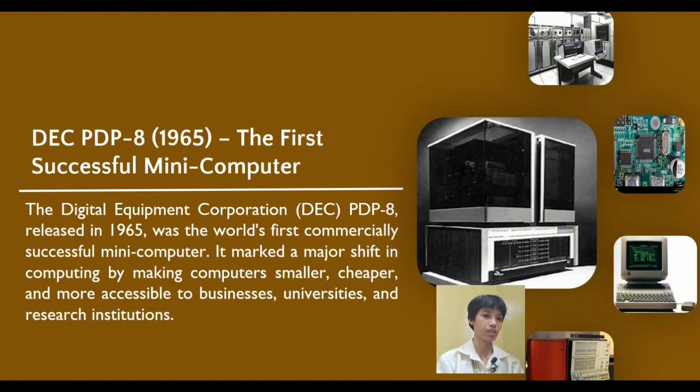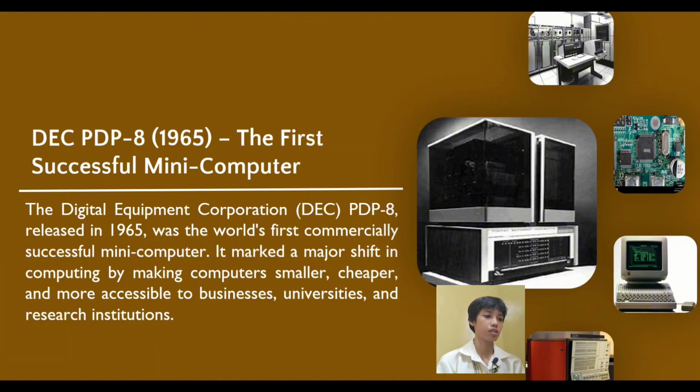The second one is the DEC PDP-8, developed in 1965 and was called the first successful mini computer. So it is already called mini computer way back before from the vacuum tube or from the first generation. So DEC stands for Digital Equipment Corporation.